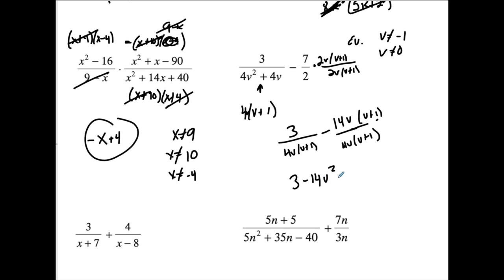So I've got negative 14v squared minus 14v plus 3 over 4v times v plus 1. Excluded values: v cannot be 0, v cannot be negative 1.